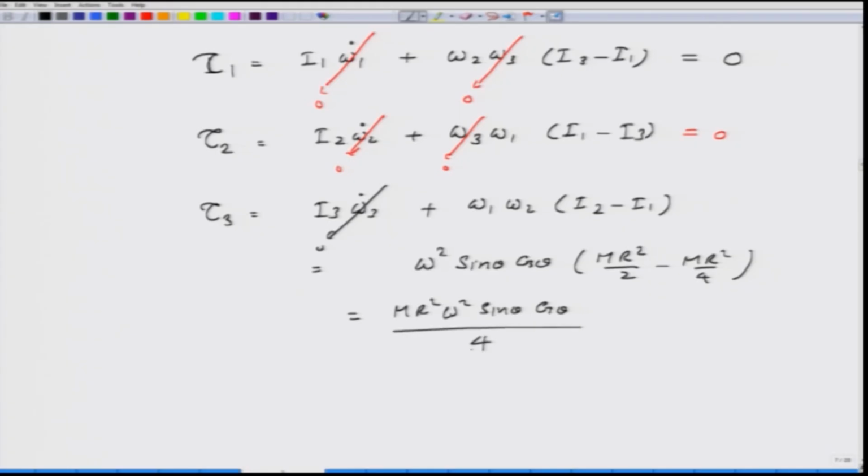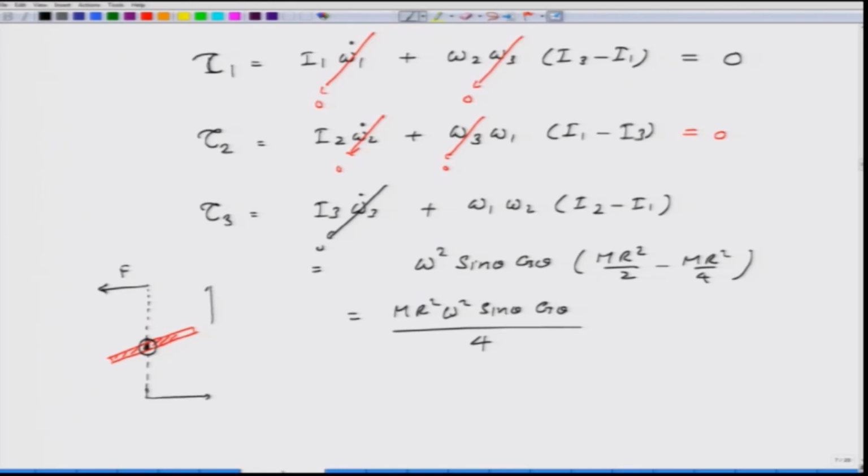So, again if I interpret this, this was the disc at this position, axis 3 is coming out, and the torque has to be in this direction with amount m r square omega square sin theta cosine theta by 4. If I need the torque in this direction, what I need to do is apply a force this way and a force this way.